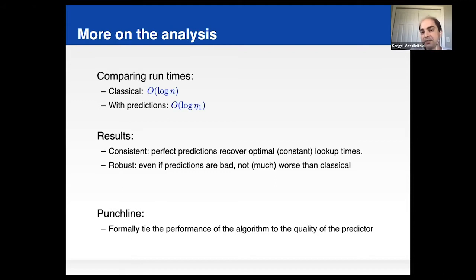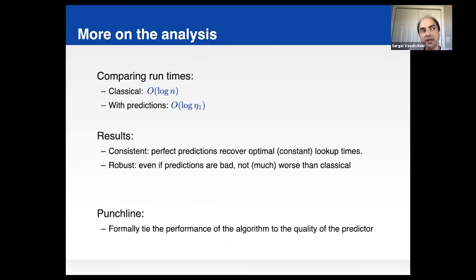If the predictions are good, nearly optimal or perfect, you recover constant lookup time, which is as good as it gets. But it's also robust to error in the predictions. As in the discussion we just had with David's talk, even if the predictions are bad, you're obviously slightly worse than the classical approach, but not much worse. In particular, you just lose a constant.